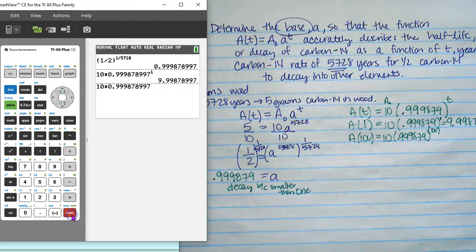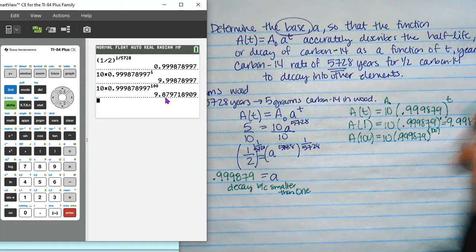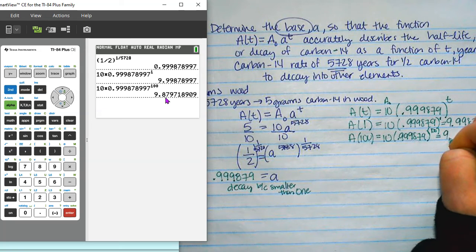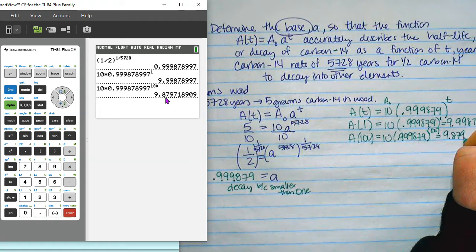That's the decay factor, raised to the power of 100 years. Enter. And look, I still have really close to 10. This would round up to 10 if you were rounding. So this is equal to 9.87972.